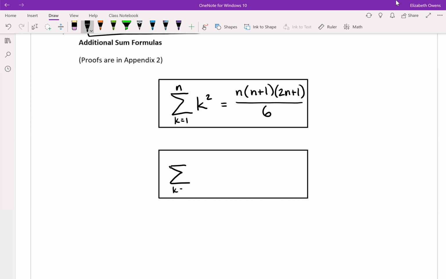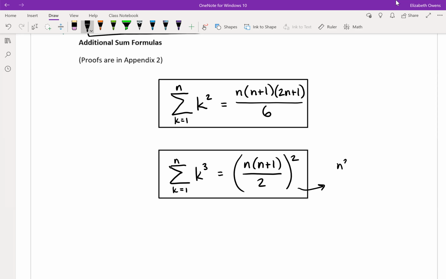And then the other one is for the sum of the first n cubes. So summation from 1 to n of k cubed. Strangely, it looks like little Gauss's formula, n times n plus 1 over 2, but then the whole entire thing gets squared. And again, that is kind of weird feeling.